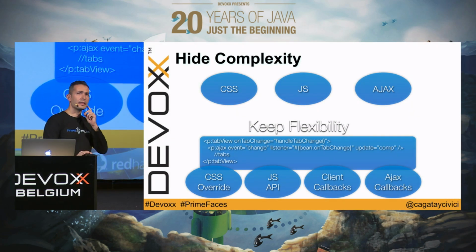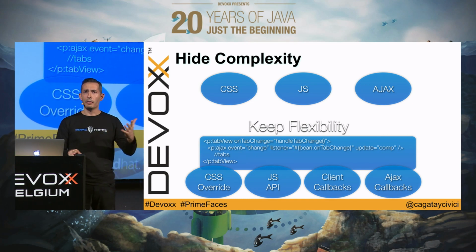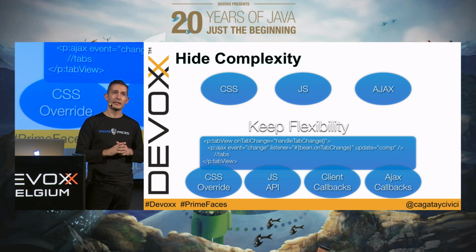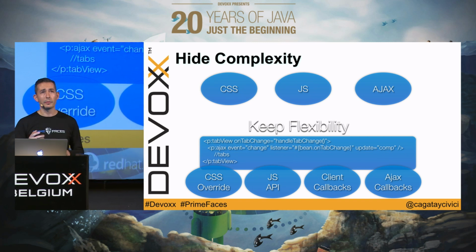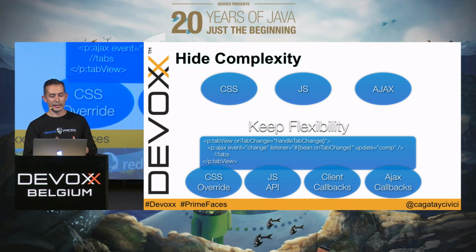So this is the idea of PrimeFaces. When developing rich UIs, most of the time is spent on creating or learning these technologies. Of course, it is great to learn these technologies so you can tweak things and change things and adjust things. But most of the time, for the boilerplate where you need to repeat yourself, writing CSS, JavaScript, and Ajax from scratch, PrimeFaces handles that.